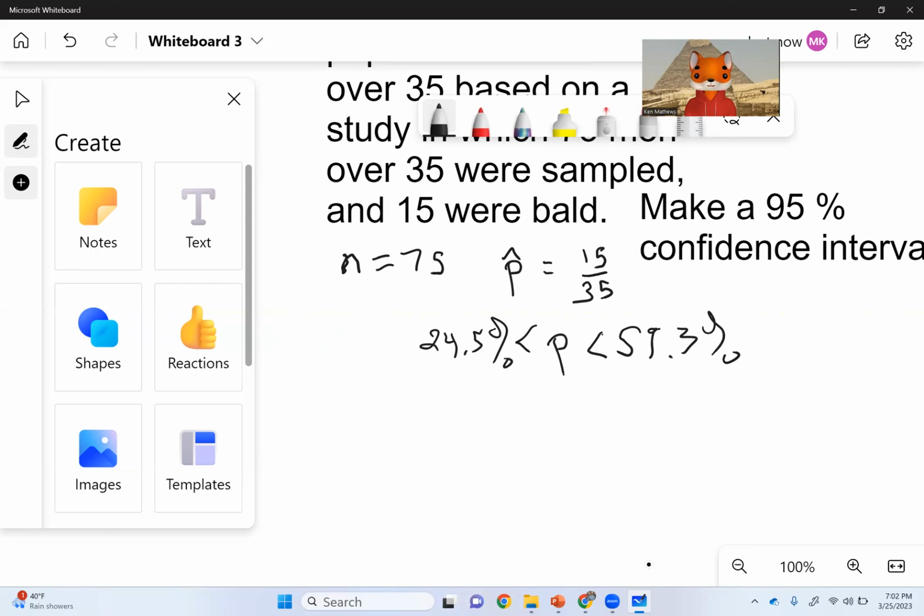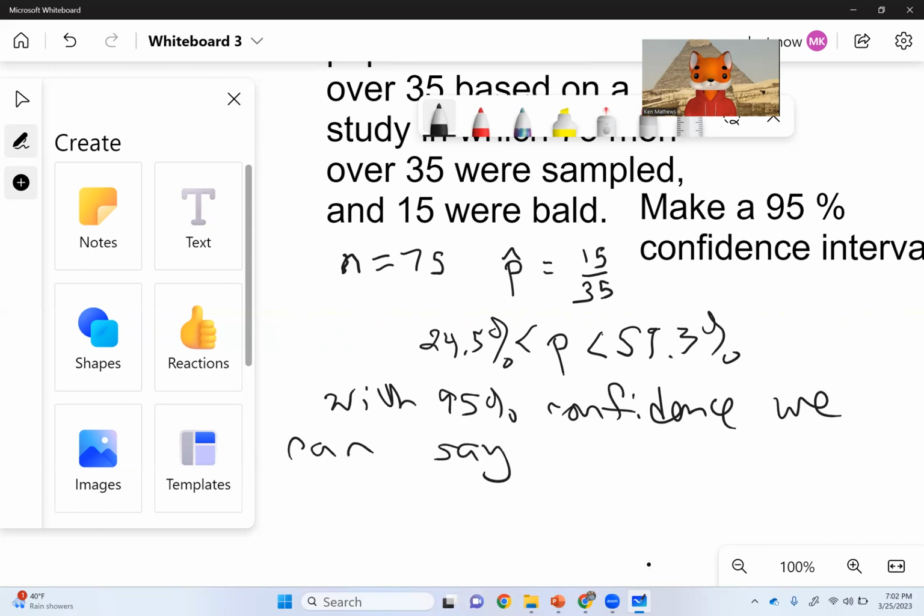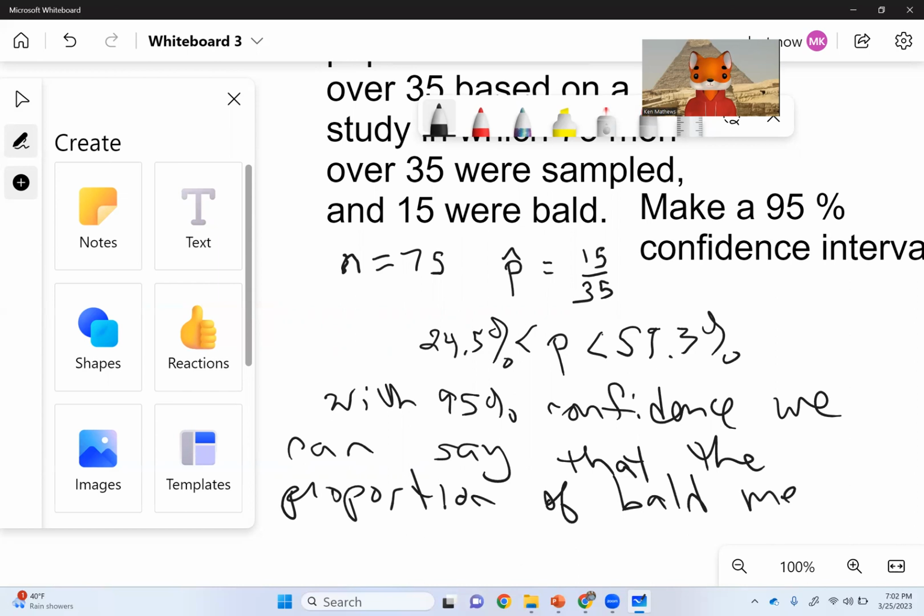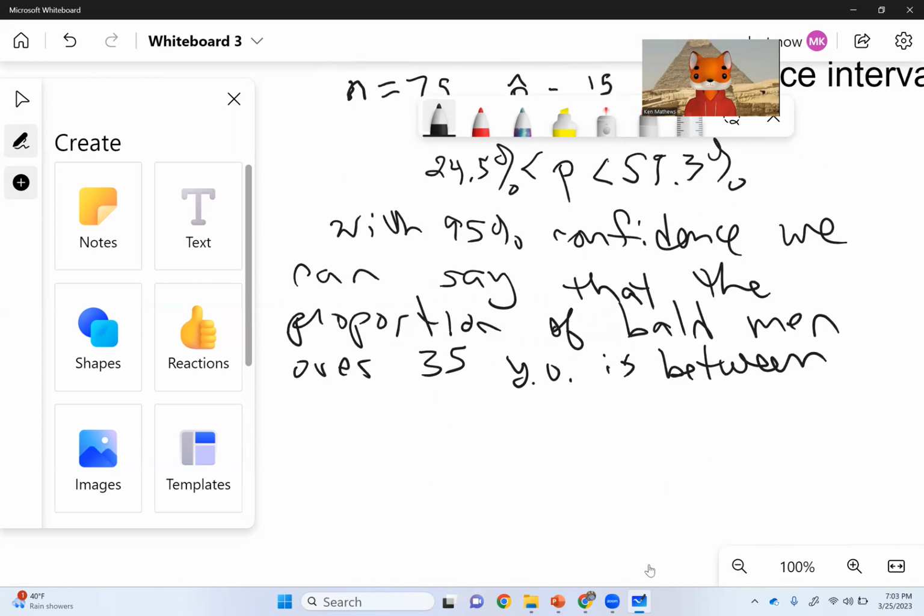It means that with 95% confidence, we can say that the proportion of bald men over 35 years old is between 24.5% and 59.3%.